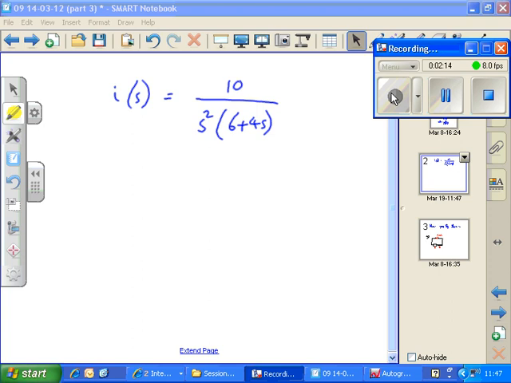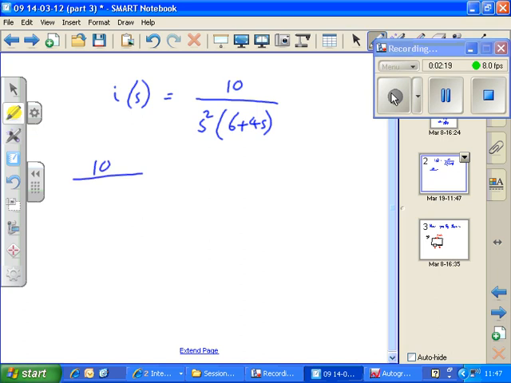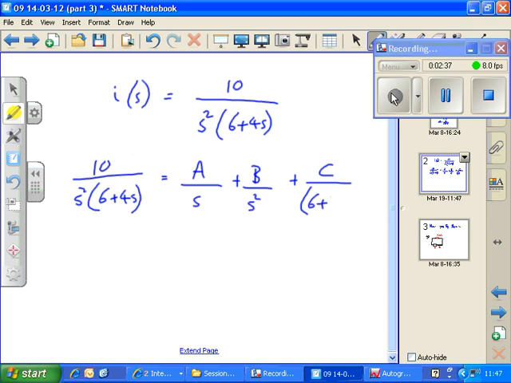So here we have to say that 10 over s squared into 6 plus 4s equals a factor involving s, plus another factor involving s squared, plus a third factor for the 6 plus 4s term. This is the extra term that needs to be added because of the s squared, the quadratic factor. But the process is the same after that, it just gets a little bit more involved.